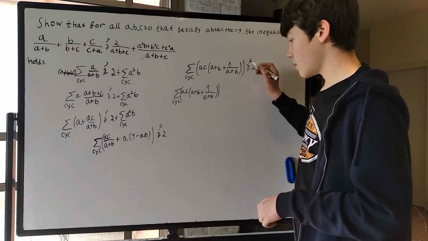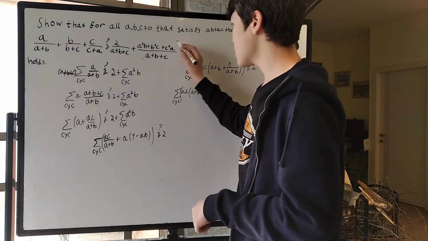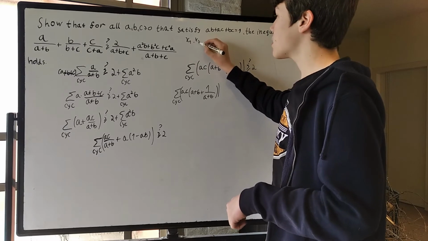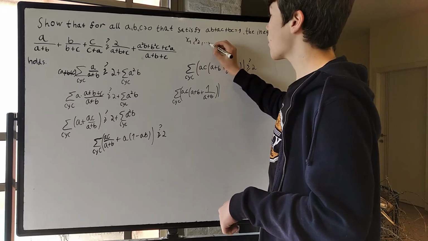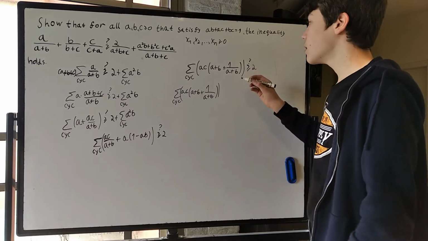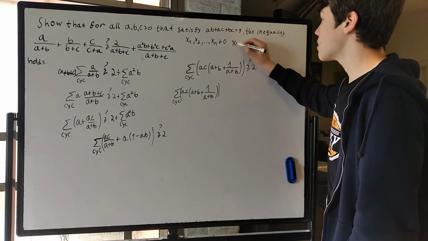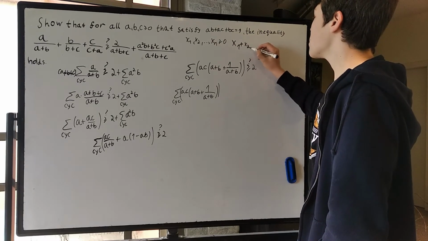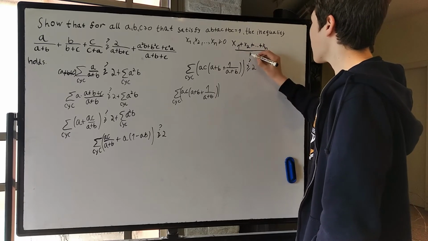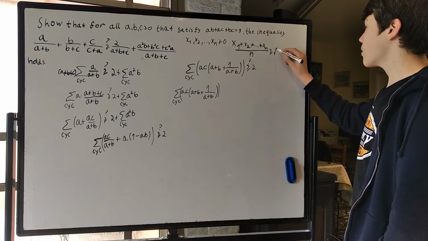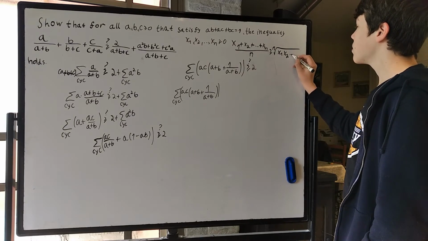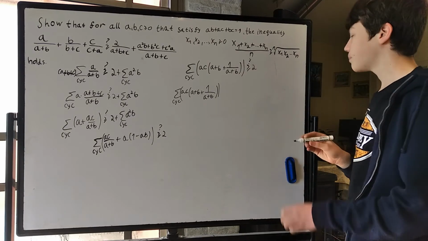If I write it down, it says that if you have x1 and x2 all the way up to xn that are all bigger than or equal to 0, then the following inequality holds. x1 plus x2 all the way out to plus xn over n is always bigger than or equal to the nth root of x1 times x2 times xn.